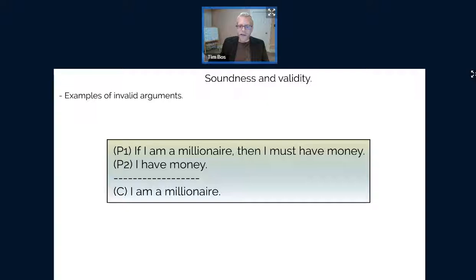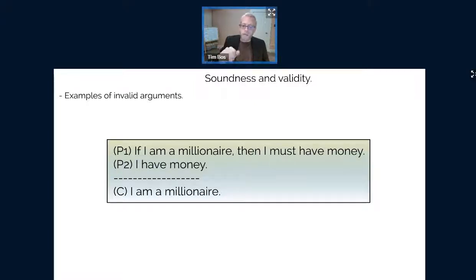Now, sometimes you might get lucky. We've looked at that before. You can have an invalid argument that happens to have a true conclusion. Okay, you get lucky sometimes, but that's getting lucky. We don't want an argument format to be unreliable in that way, right? We want the argument form to be valid, and valid means that as long as you're putting true premises in, you will always get a true conclusion out.